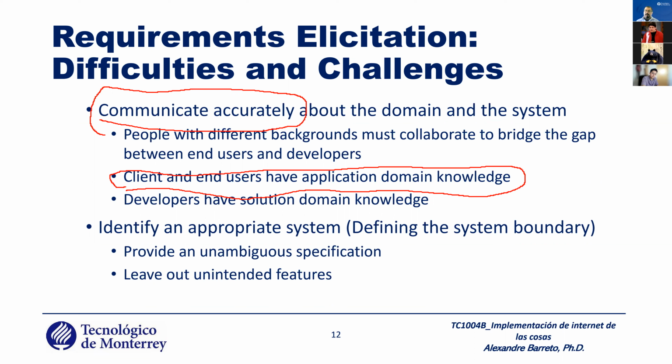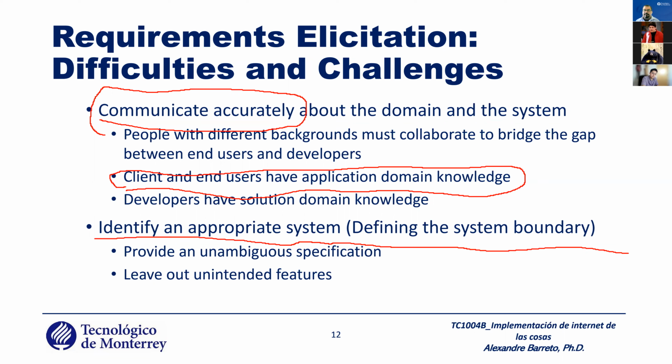The company has a background, has domain knowledge, and you, as a developer, need to understand the domain knowledge that this company has. But you don't have years to understand. You have maybe one or two months. Okay? So it's a problem that generates a lot of uncertainty in the communication.